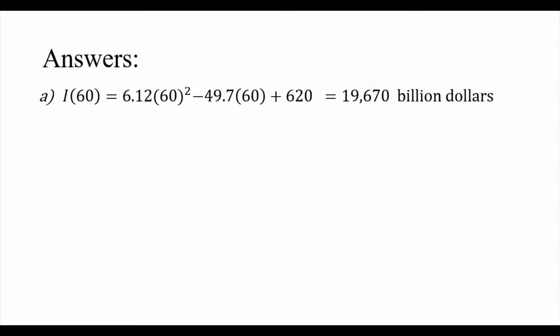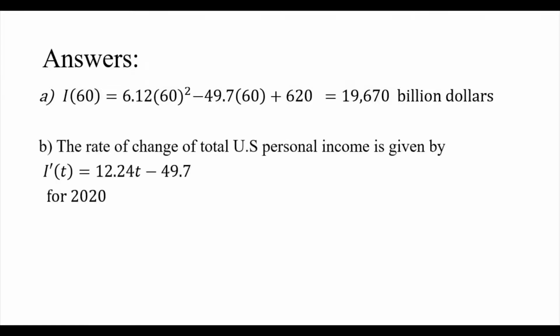The second part is to find the rate of change. To find the rate of change, we're going to find the derivative of the provided function, which is I'(t). I'(t) is equal to 12.24t - 49.7.